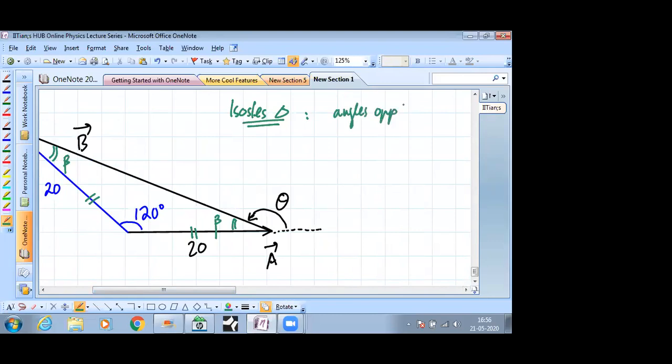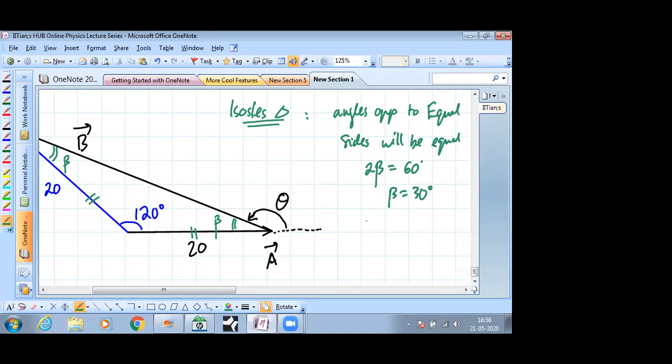Yes, Ishika, correct. The angle you have given is correct. So angles opposite to equal sides will also be equal. Make use of that, and from that you can see that 2 beta is equal to 60, so beta is 30 degrees.